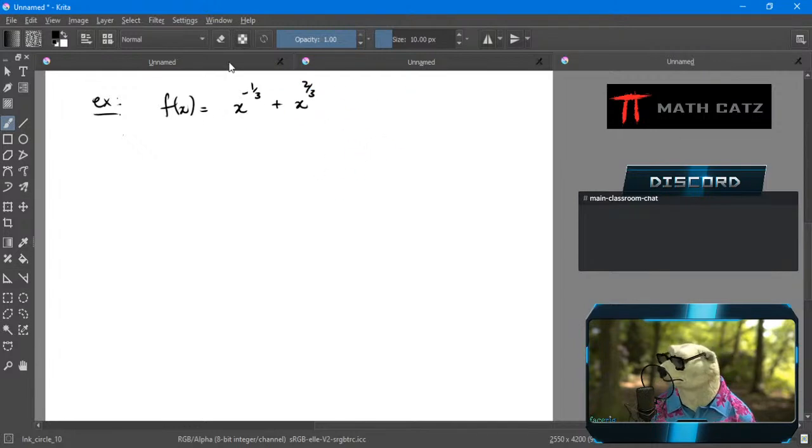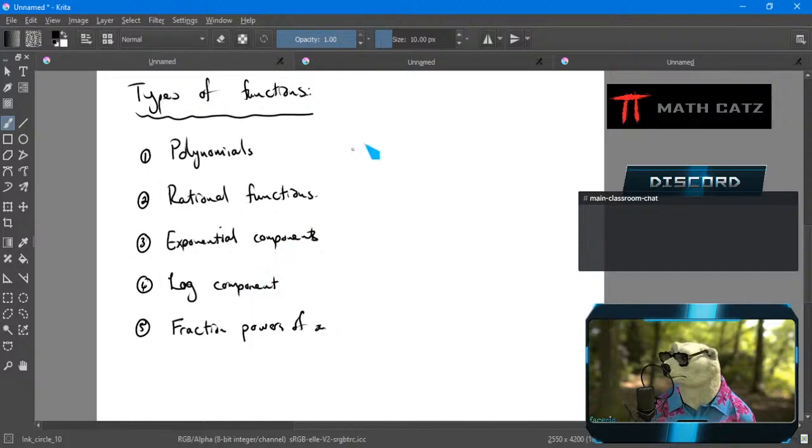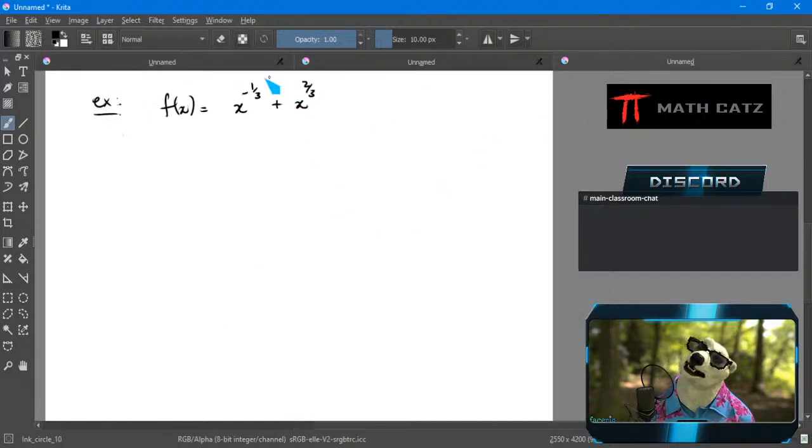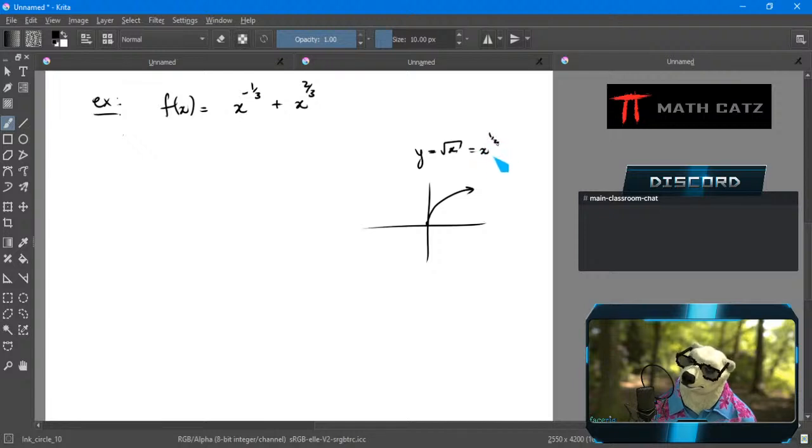This is a function more than the others where I've never really seen this. The best thing I've seen is square root of x. Right? That we've seen because this is x to the 1/2. And it wasn't the same as anything else. It wasn't a polynomial. It has its own issues.